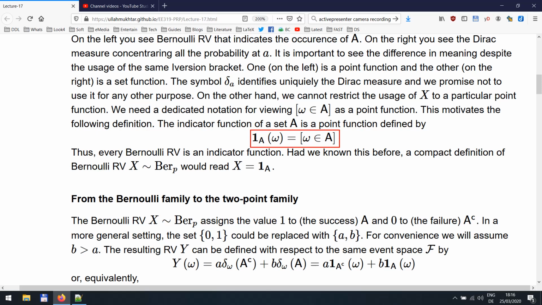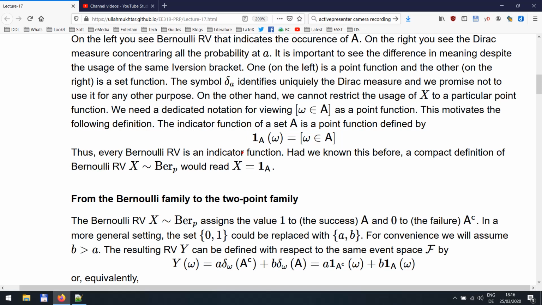Now, to summarize, the Iverson bracket, when viewed as a point function, will be the indicator function, because now we have given it a name and a symbol. And when the same Iverson bracket is viewed as a set function, when you focus on the set, not on the point, then you will see it as a set function or a probability measure.